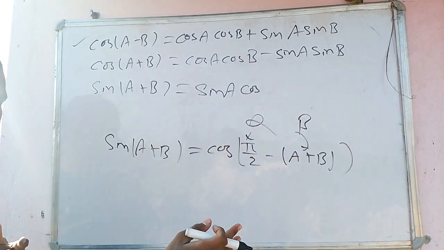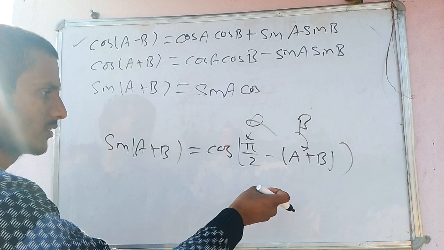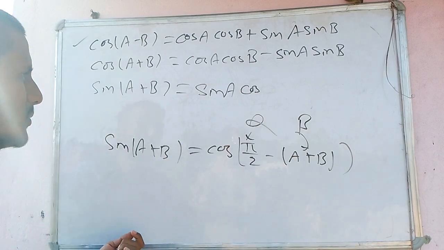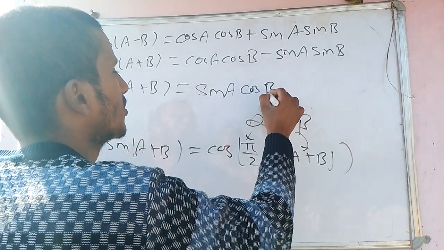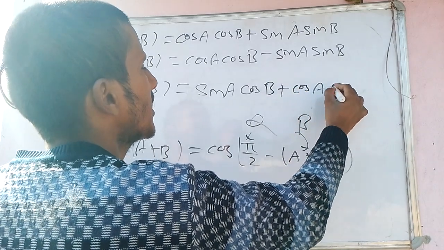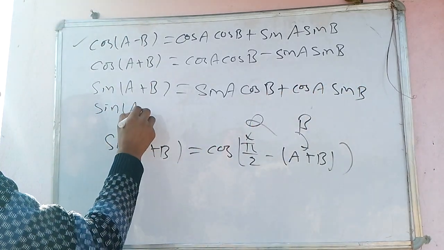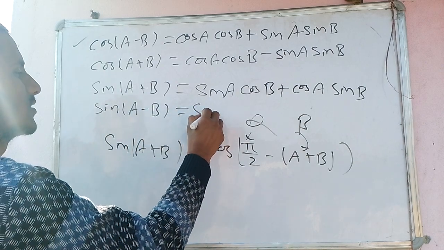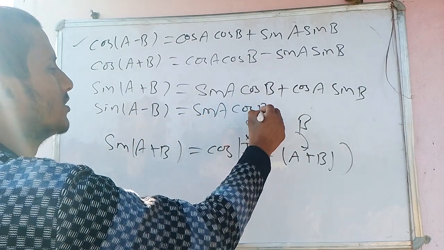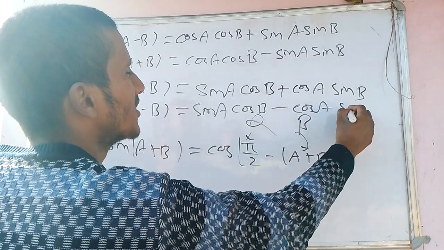Do the computation, solve it, and you're going to have the formula for sine A plus B, which is sine A cosine B plus cosine A sine B. In the same fashion you can do it for sine A minus B, which is going to be sine A cosine B minus cosine A sine B.